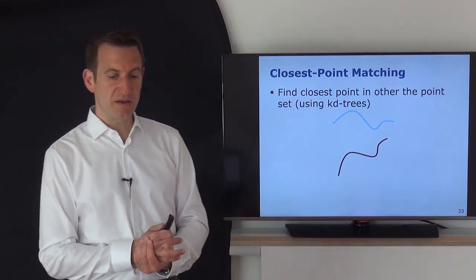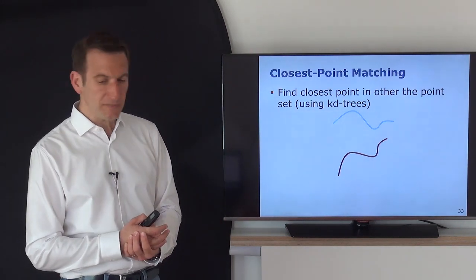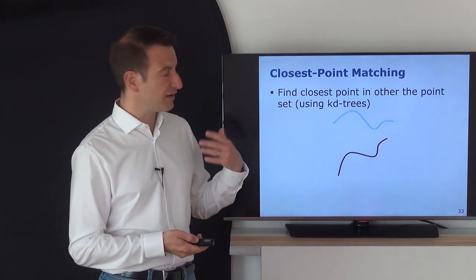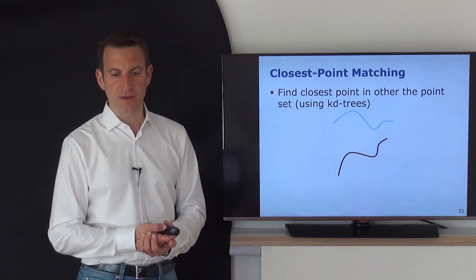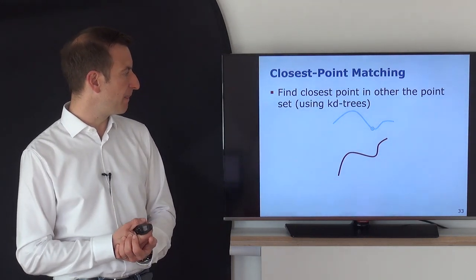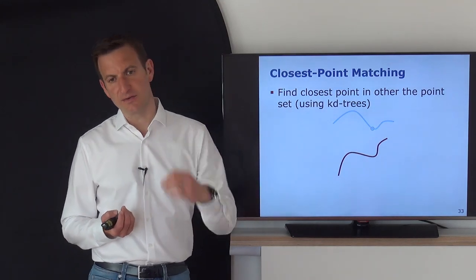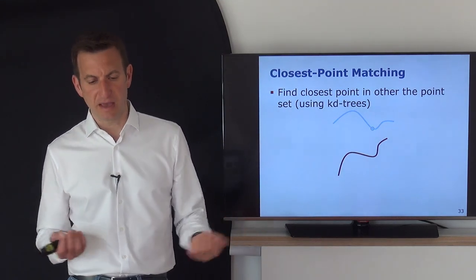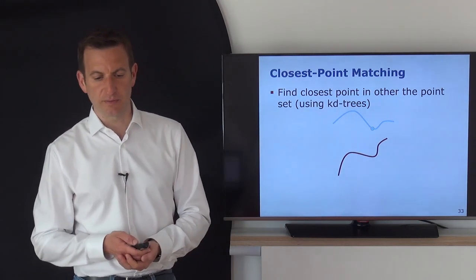So let's start with trying to find the closest points. It basically means that for every point in scan number 1, we need to find the closest point in scan number 2. And this is something you can do, for example, by using KD trees if you have large point clouds, in order to make nearest neighbor queries efficient rather than checking in brute force fashion for the data association.